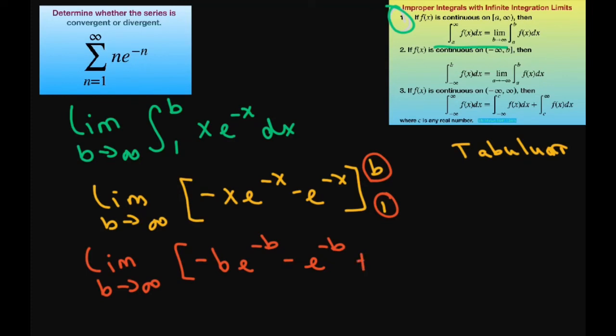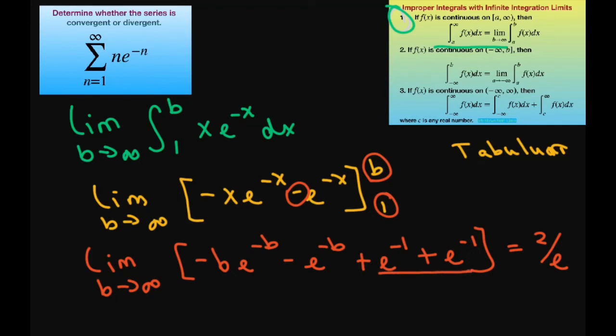So you're going to get plus e to the power of negative 1. Another thing, two negatives are going to make a positive, so positive e to the power of negative 1. All right, so basically this is going to equal 2 divided by e, because we have 2 of these.